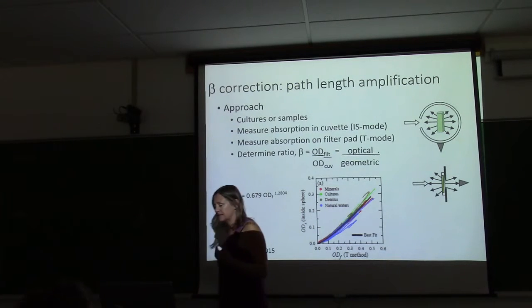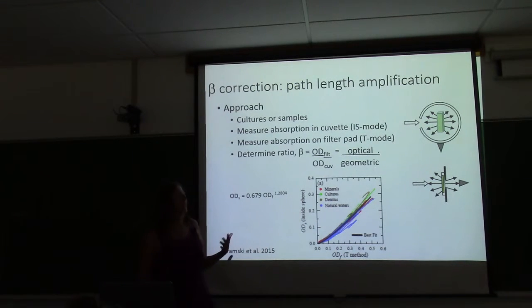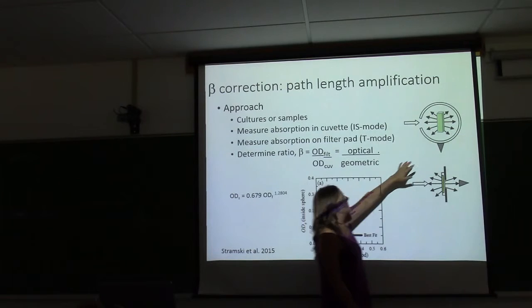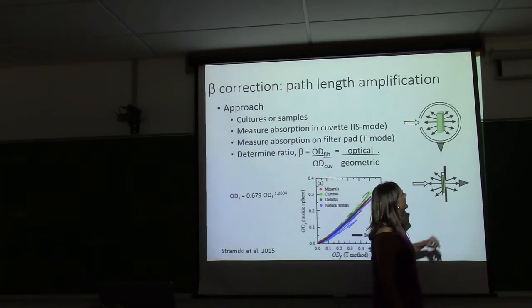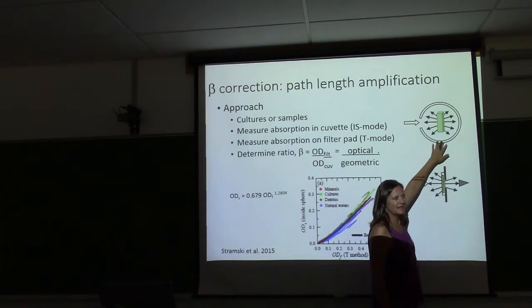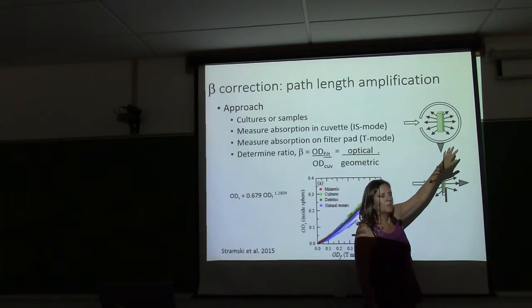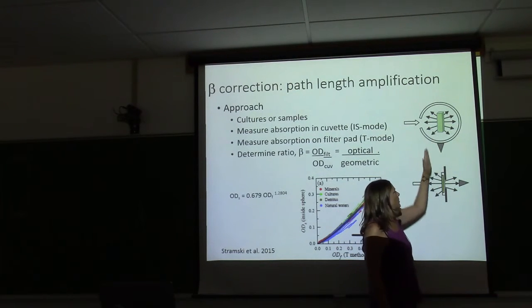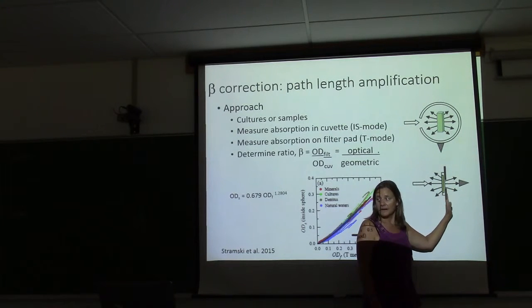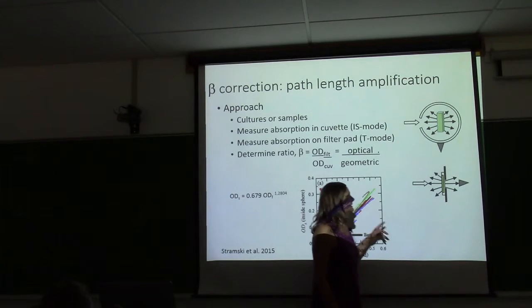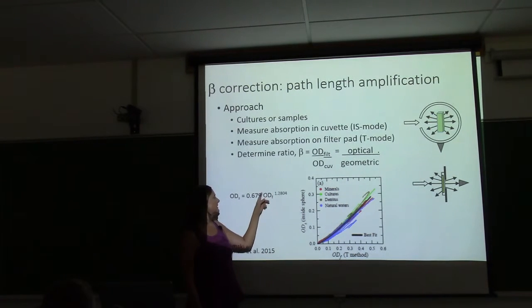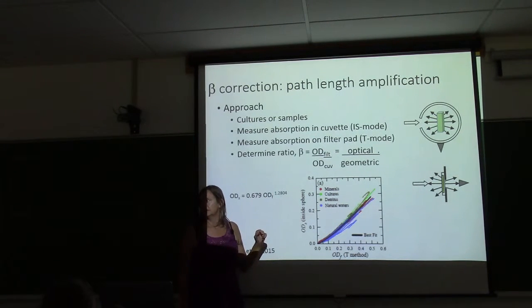the lack of scattering correction, or not the lack of scattering, but the reduced effect of scattering in the integrating sphere, but these are very expensive and nobody has one. So can we use this to go back and recorrect archives of filter pad absorbance? Well, as long as we had the original absorbance, yes, we could.